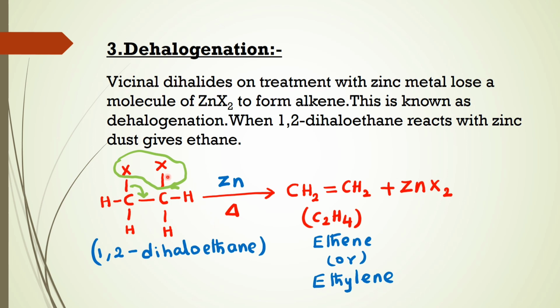On heating with zinc dust, these halogens combine with zinc to form ZnX2, zinc halide. I already told you X means chlorine, bromine or iodine; you can take anything here. So this bond becomes a double bond between these two carbons. Therefore CH2 double bond CH2, or C2H4. This is the structure of ethylene or ethene.